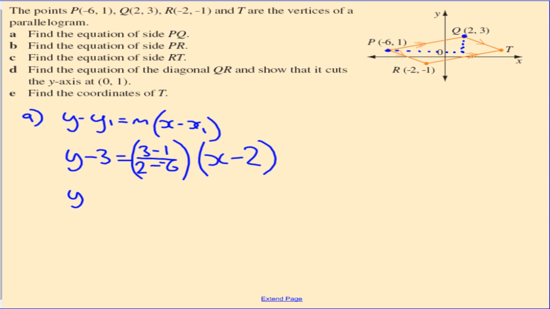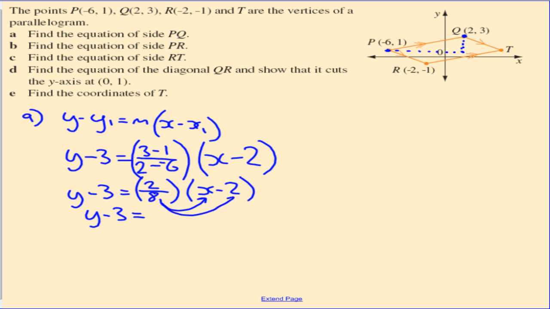Cleaning this up, y minus 3 equals, now 3 minus 1 is 2, divided by 2 minus negative 6, so I add those and I get 8 outside of x minus 2. Continuing with getting rid of brackets and the like, I need to multiply my gradient by both terms inside the brackets.